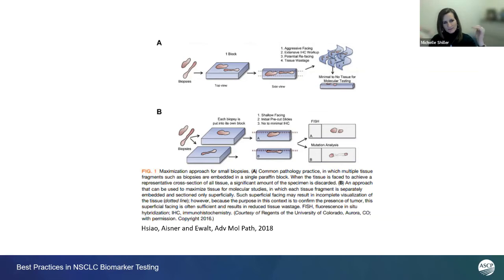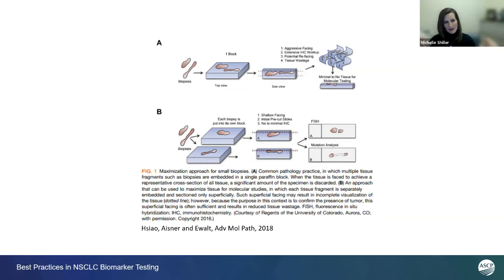This is how we can end up losing tissue quickly, especially if, let's say, the tissue fragment on the left-hand side in that side view of the top portion of the figure has all the tumor, and it's really only in that very thin, more centrally placed portion.